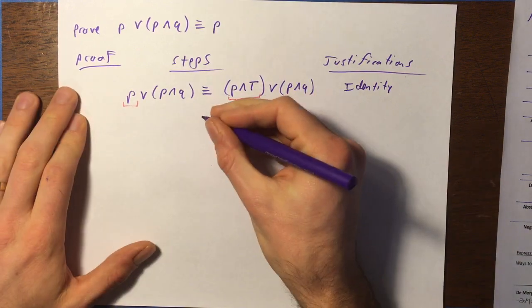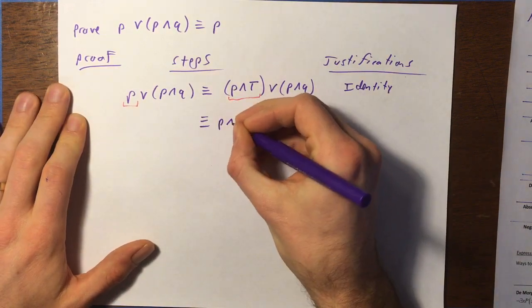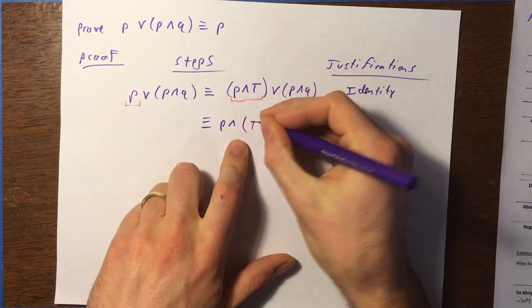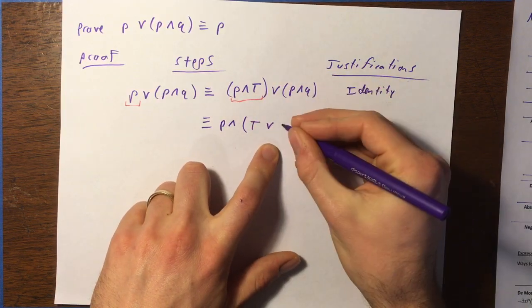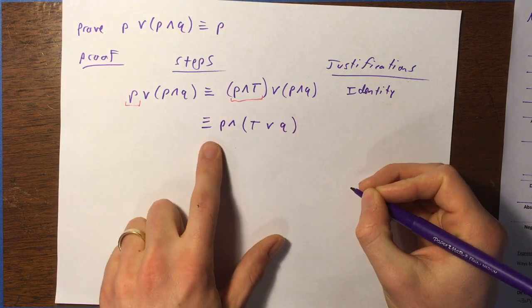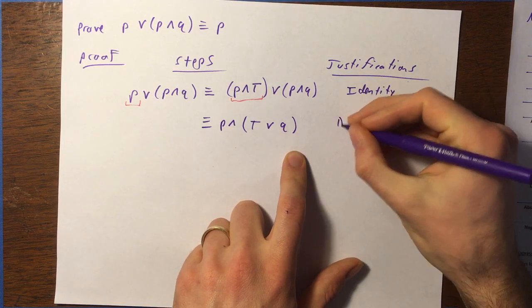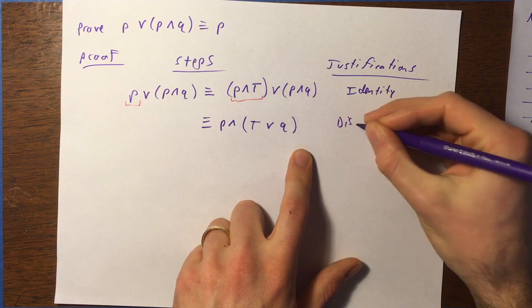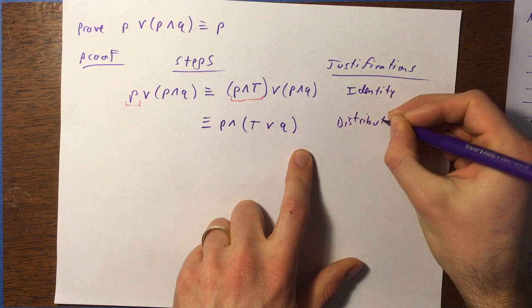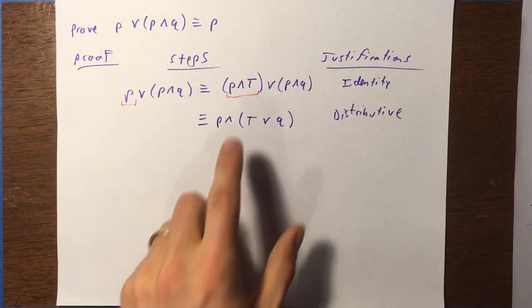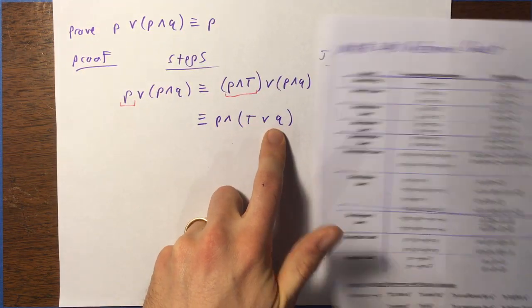So we can sort of factor out that P and say P and then what's left over is going to be the true or Q. So there is applying the distributive law sort of in the reverse direction to what you're used to doing it. So I'll write distributive there.